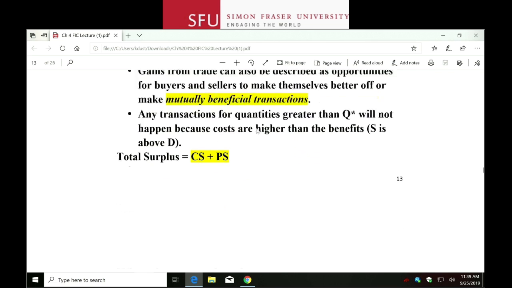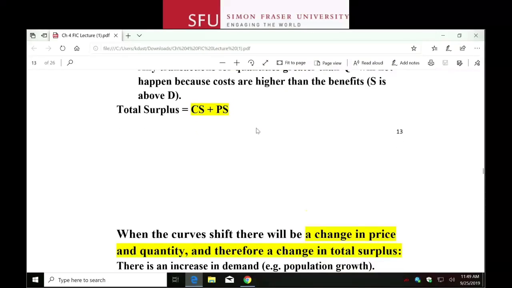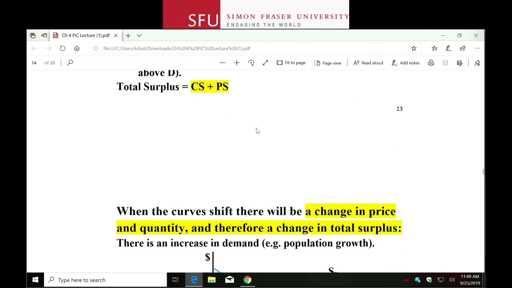Okay, so when the curves shift, there will be a change in price and quantity, and then that will change the total surplus.